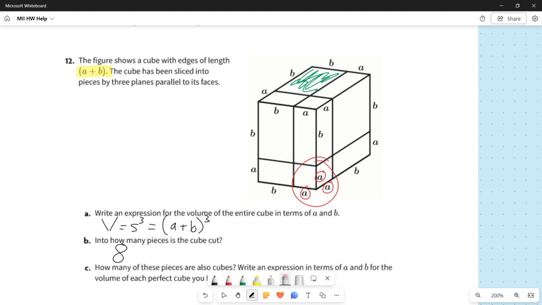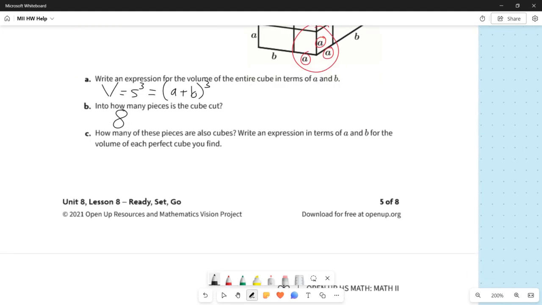But the other cube, we can see the top of it, the top back left corner. You can see it's going to be B by B, and this is the height of the cube, so the height is also B. To answer our question, our answer for C is that we have 2 perfect cubes.